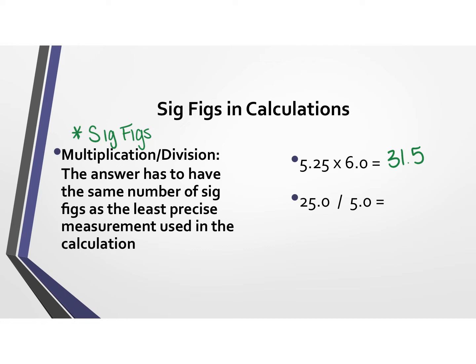So whatever the lowest number is, that's how many sig figs can be in your final answer. So how many sig figs in that final answer? Two. Okay, only two. So I put a line over the second sig fig, and then again you have to look at that next number. It's the 5. Is that going to cause us to round up or down? Up. So what are we going to round this to? 32. So we'd round that answer all the way up to 32.